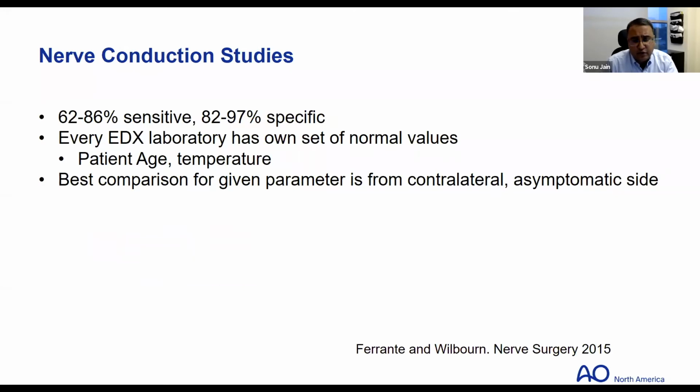So the nerve conduction studies are pretty sensitive and specific, as you can see, even though there's a range noted here. So every lab has their own set of values, and you want to adjust that to the patient's age and to the temperature of the patient and the temperature of the room. So you want to compare it to the other side to get the best comparison as well.